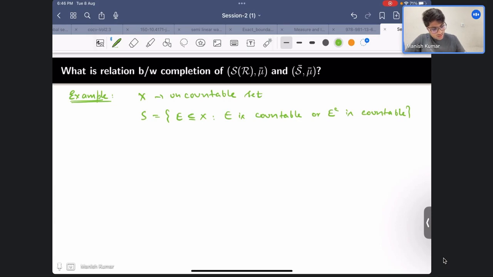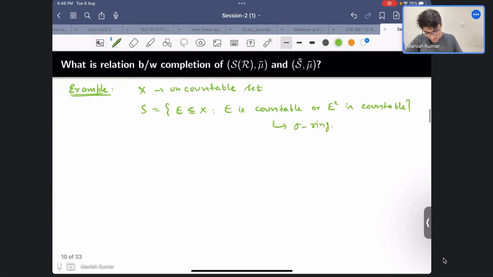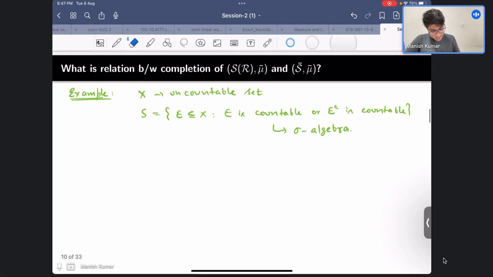In the last session, I have shown that this is a sigma ring, right? In fact, it is a sigma algebra, so it's better to write the best one. So this is a sigma algebra.